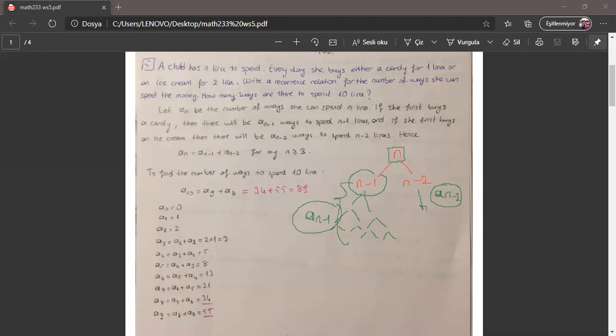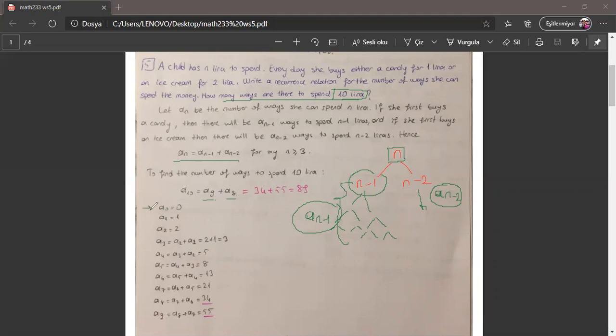So now the second part of the question: she has 10 lira and we will find the number of ways to spend that money. If we use this relation, a sub 10 equals a sub 9 plus a sub 8. So we need to find these values.